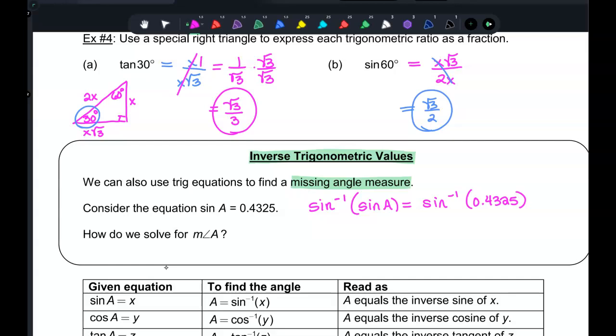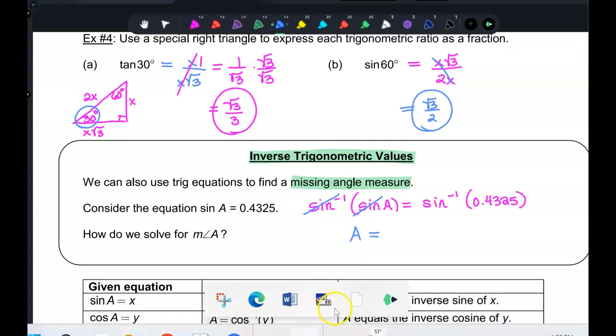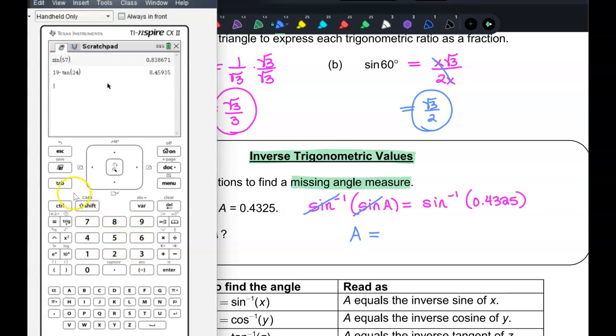So all we need to do here is take the sine inverse. So we get A equals, now on our calculators, you're just going to select the one below the sine. So we're going to type in sine inverse of 0.4325.